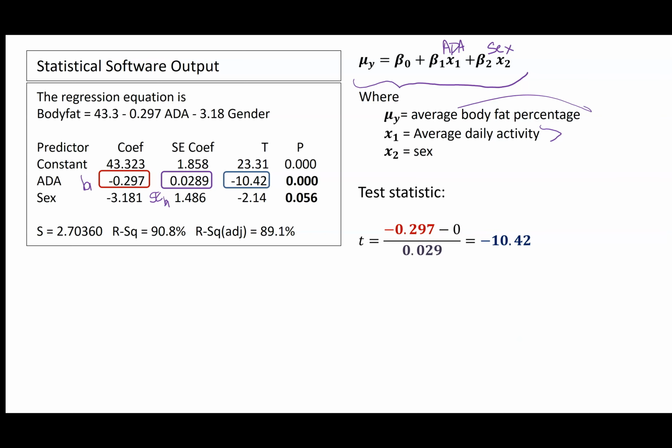Plugging all the values in: negative 0.297 minus 0 over 0.0289. That's my test statistic, or my t statistic. Those are the same thing.